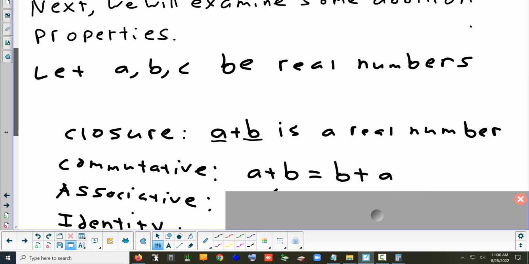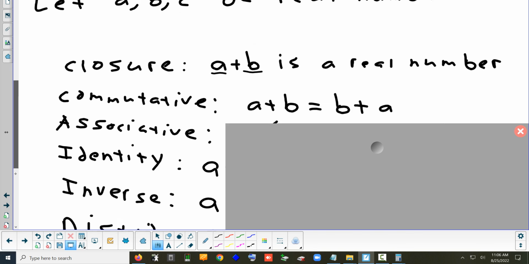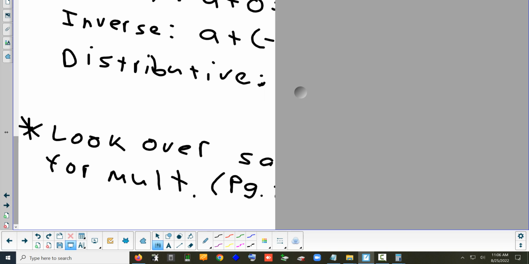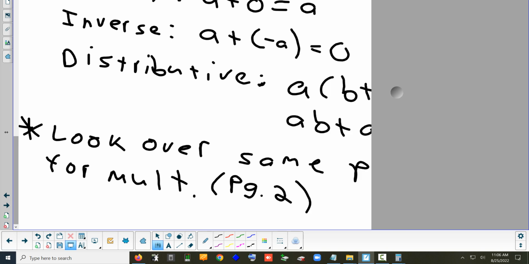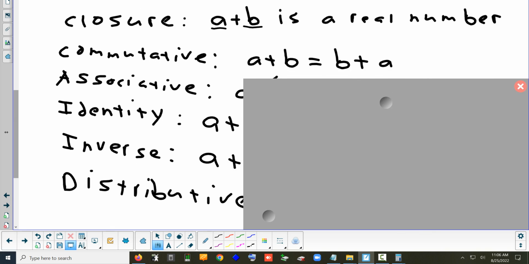Would it be like A times B equals AB? That would be the commutative property of multiplication. I'm not going to write down any of the multiplication ones. I just put a reference to them in your book. But all these properties that we're doing are also applicable to multiplication.